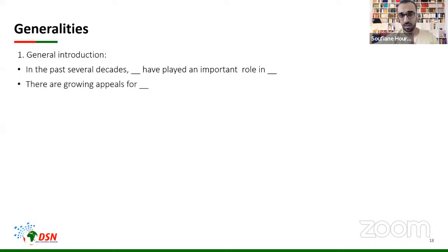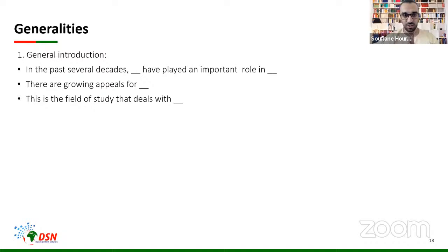We have other ones, for example, there are growing appeals for something, or this is the field of study that deals with. We can combine these phrases to write the general introduction, and we'll do a demonstration of that later in this research masterclass.